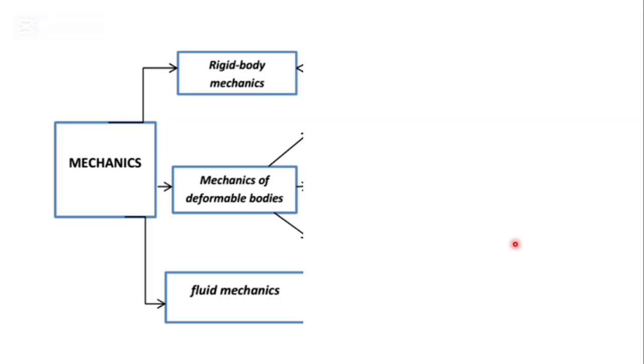Then we have mechanics of deformable bodies. Yes, we are all engineers, we like how the brake fluids move up and down, do work, pneumatics, hydraulics, they fall under mechanics of deformable bodies. Then we have rigid body mechanics.